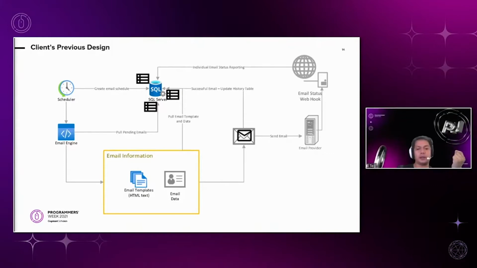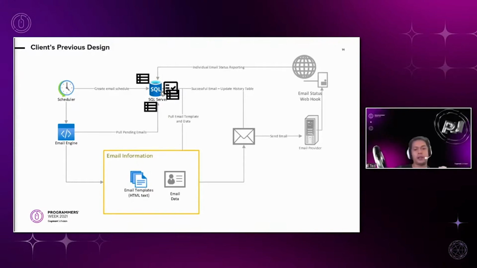When the email provider successfully responded to the send email request, the email engine will update the specific record in the database to clear the flag so that it will no longer process the same record in the next scheduled run.